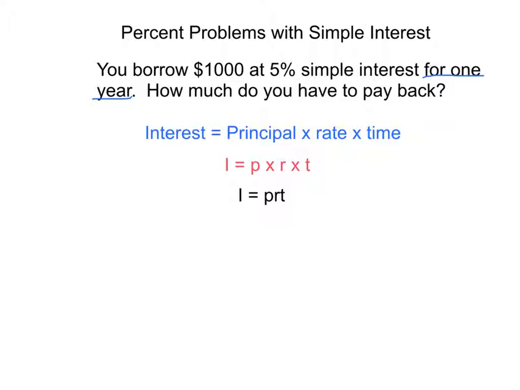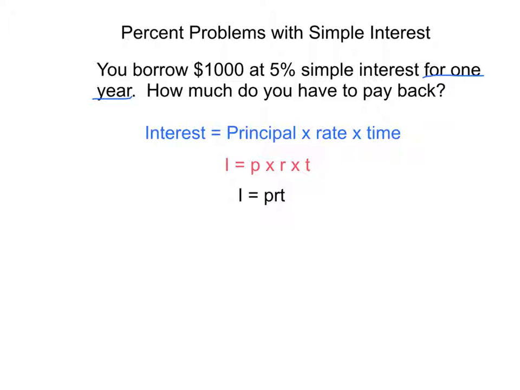So there is a formula that can be used to find the simple interest. Interest is equal to the principal multiplied by the rate multiplied by the time. Or I is equal to P times R times T, or even more simply, I is equal to PRT.